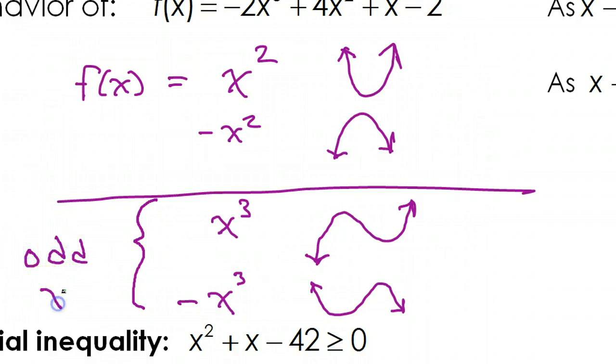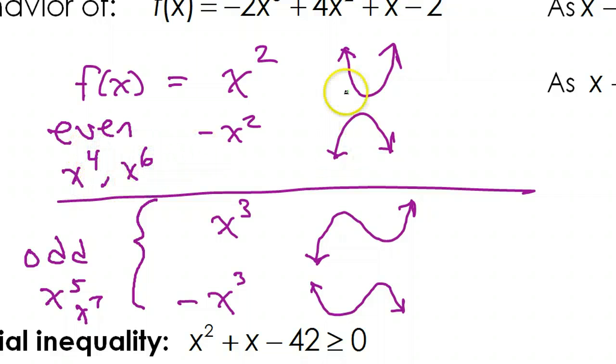So if I have x to the 5th power or x to the 7th power as the degree, the end behavior will be the same regardless what happens in the middle. And all of my even functions are going to work just like this one. So if I have x to the 4th power or x to the 6th power, it's still going to have this type of end behavior.